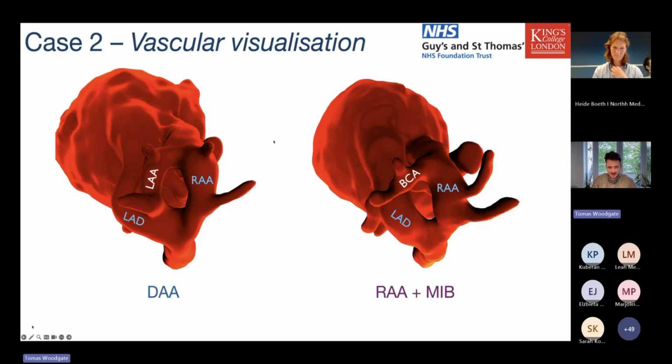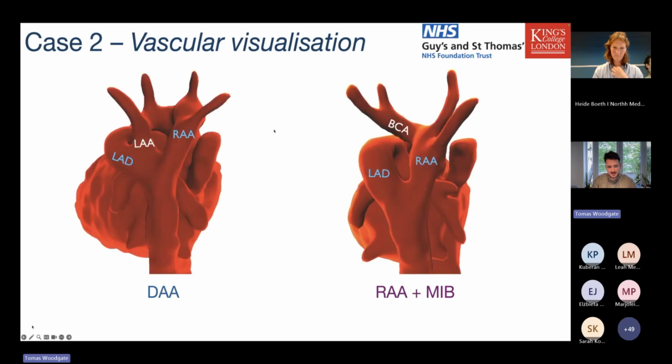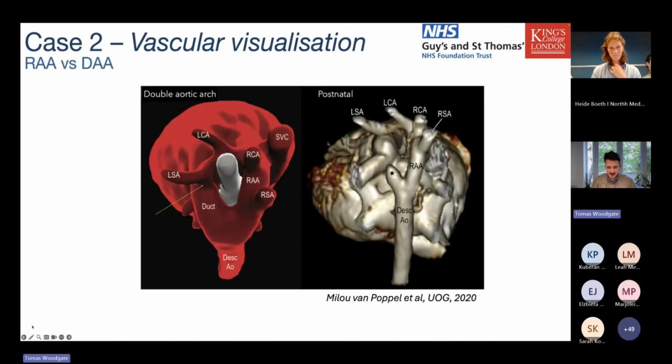These can be very nicely demonstrated in three-dimensional space, where you can again appreciate that there's no continuity between your brachiocephalic artery and the descending aorta. This is a useful case because we see these postnatally, and they may look very similar. This is an example of a fetus who had a double aortic arch.